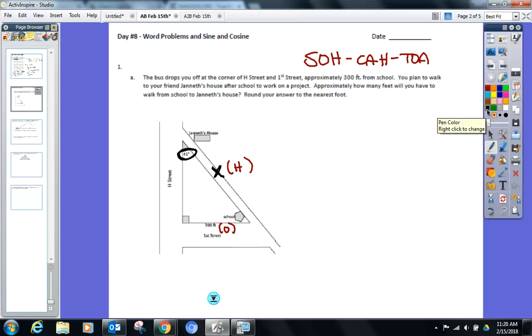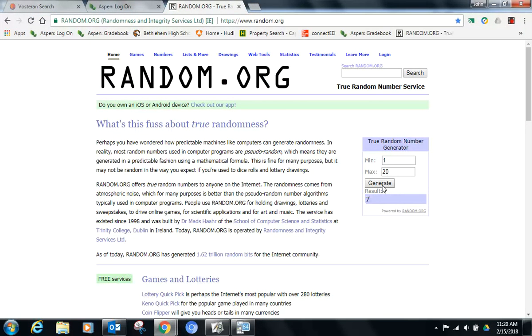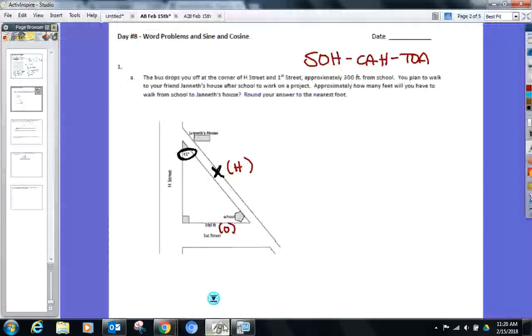Now that I know the opposite and the hypotenuse, which ratio can I use? Sine ratio, yep. So sine, abbreviated SIN. What angle are we going from? 41.